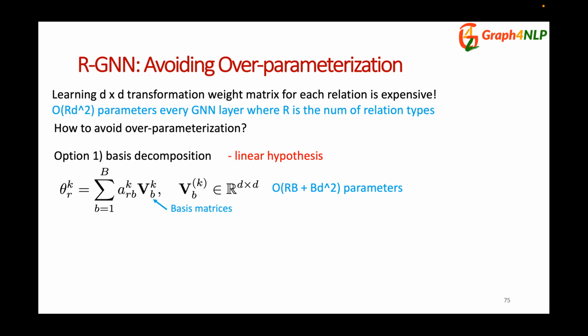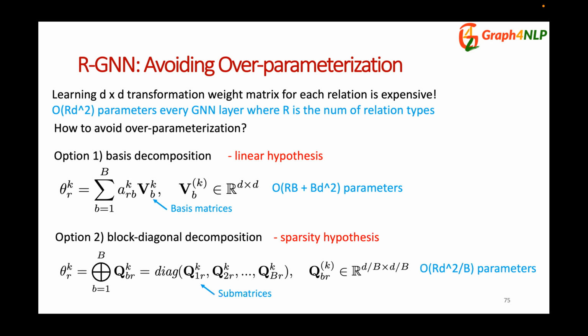The second strategy is called block diagonal decomposition, which can be seen as a matrix sparsity constraint. This can also largely reduce the number of learnable parameters for RGNN models.